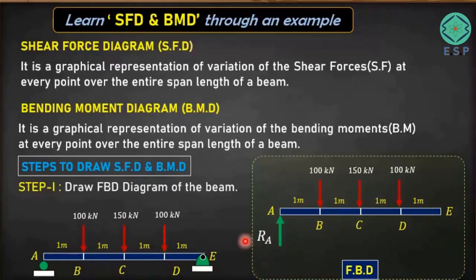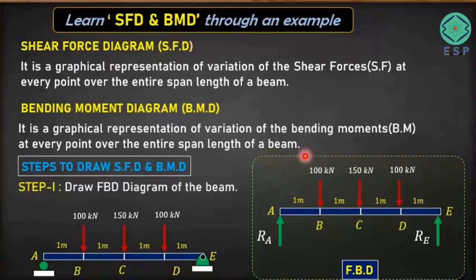Because point E is a hinge support, it should have two reactions, one vertical and another horizontal. But there is no horizontal load acting on the beam, so there won't be any horizontal reaction at point E. We will have only the vertical reaction RE, acting in the upward direction. So this is the free body diagram.